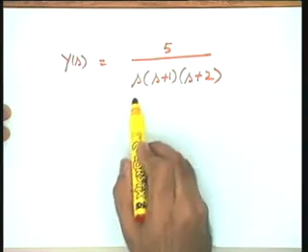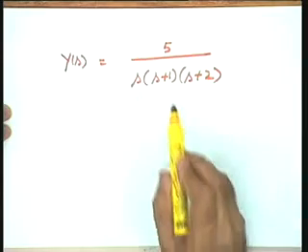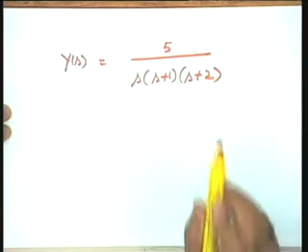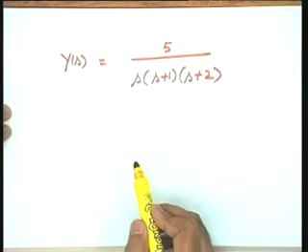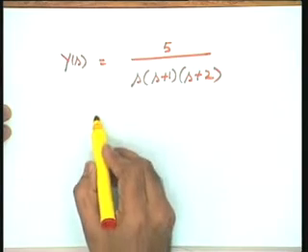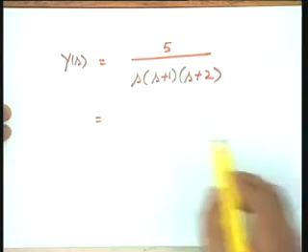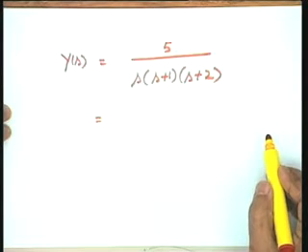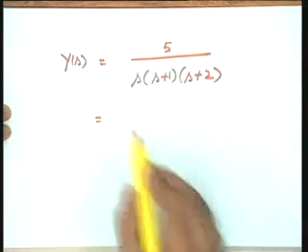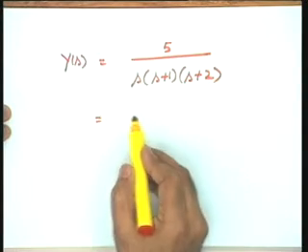In this particular case there are three poles as far as the response transform is concerned: the pole at s equal to 0, the pole at s equal to -1 and the pole at s equal to -2. If I am interested in y(t), naturally the partial fraction expansion and inversion of Y(s) will give me the value of y(t). So, help me please, what is the partial fraction expansion for this?